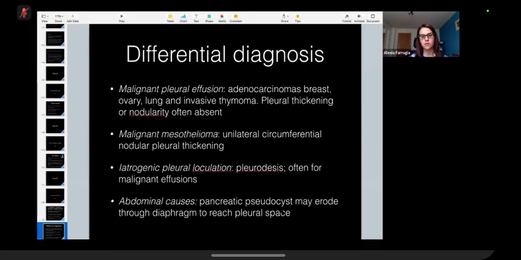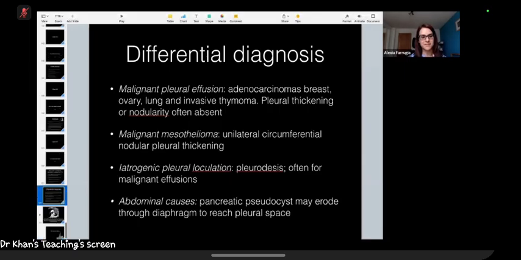Sometimes a pancreatic pseudocyst can erode through the diaphragm and reach the pleural space and can have a similar appearance. It would be very unusual for a pancreatic pseudocyst to do this, but it's possible. So you can include it as a differential diagnosis. Well done. Thank you very much.